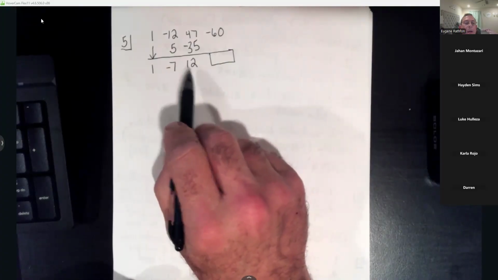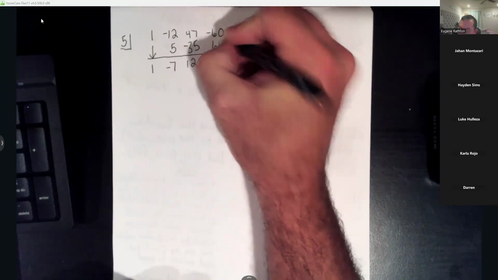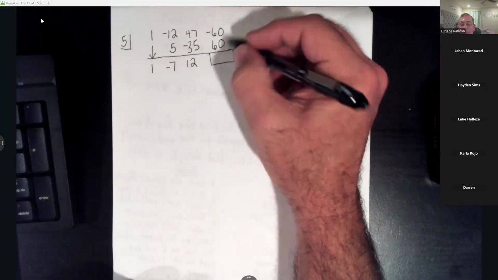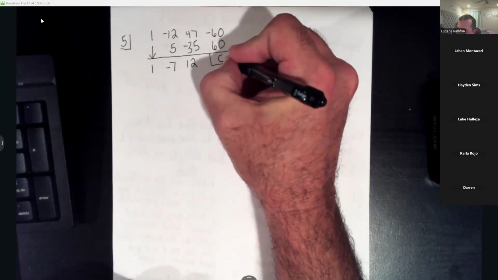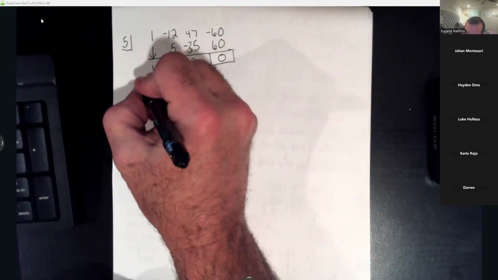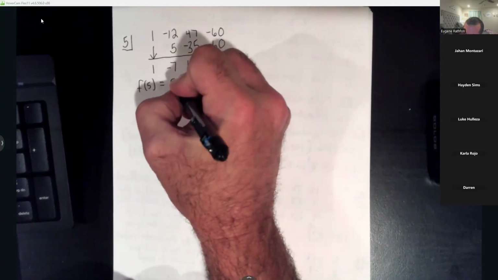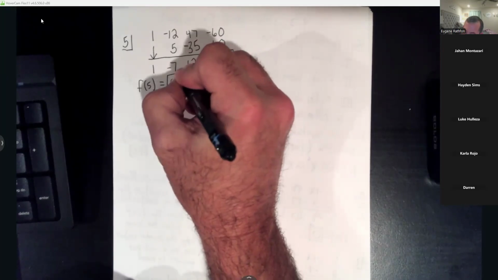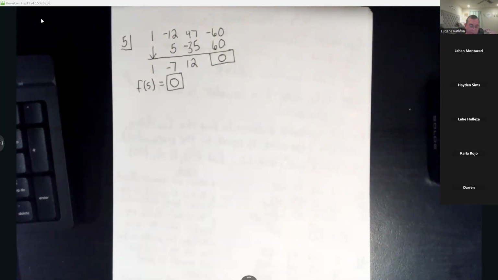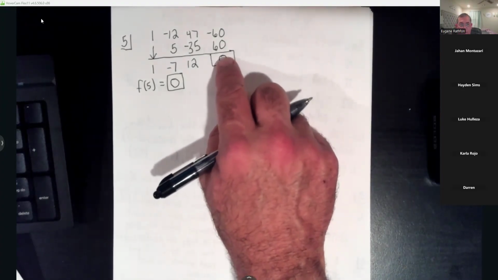And then look here: 12 times 5 is 60. So once again, negative 60 and 60 give me a 0. That means f of 5 for this problem equals 0. So I had two of them equal 0, and in a little bit, I'll show you the importance of that remainder when it's a 0.